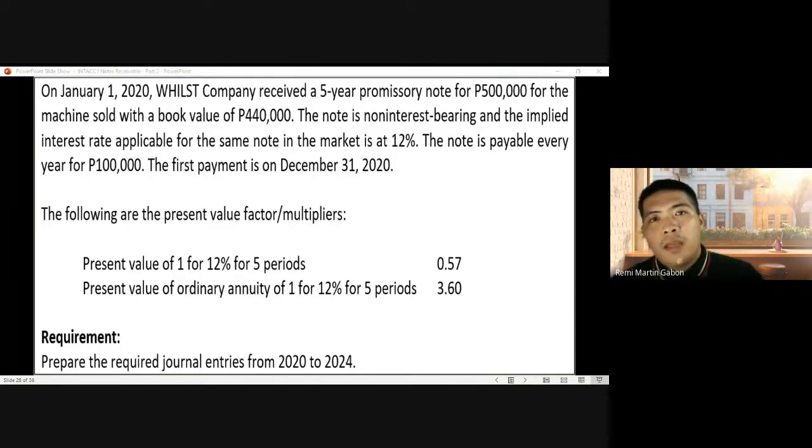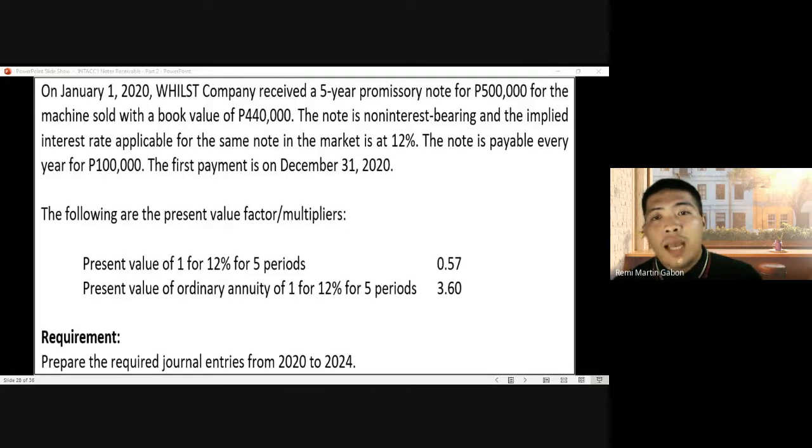To better understand, I would say that the starting point of ordinary annuity is the PV of 1. Performing minus 1 divided by 0.12 is just an extension process to arrive at the ordinary annuity if we continue from the PV of 1.